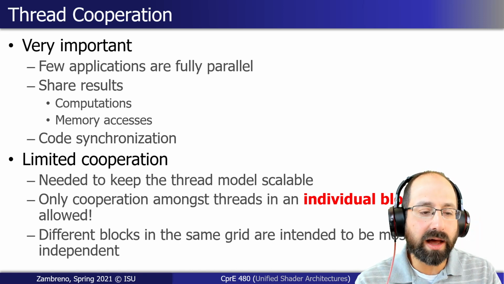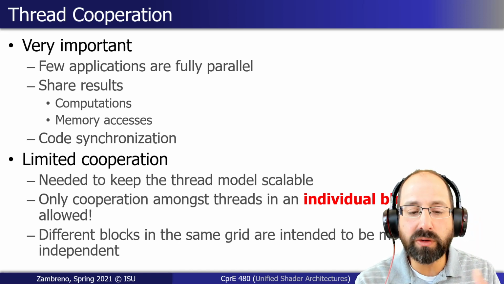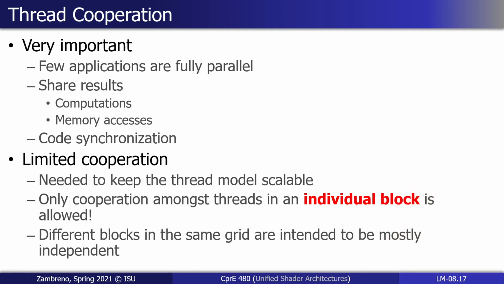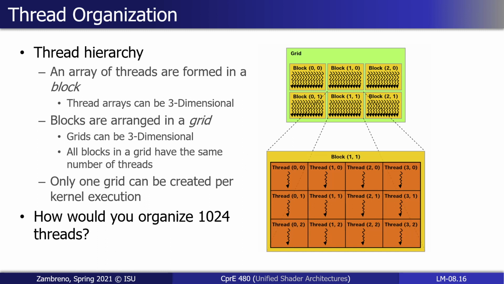So we have to have some mechanism for code synchronization. This was a CUDA design decision that, for the most part, has not changed from the initial design and release of it. This idea that we are organizing our data in these thread blocks. By and large, the only synchronization you can assume is between threads that are inside an individual block. So to go back to that question of how do I organize 1,024 threads, it depends on what amount of synchronization you have.